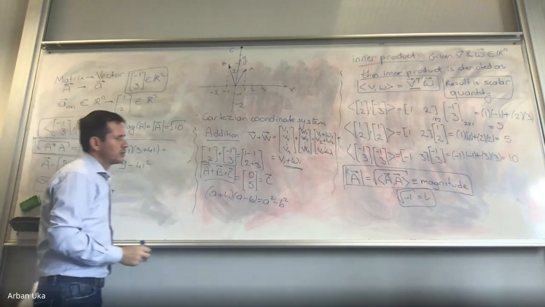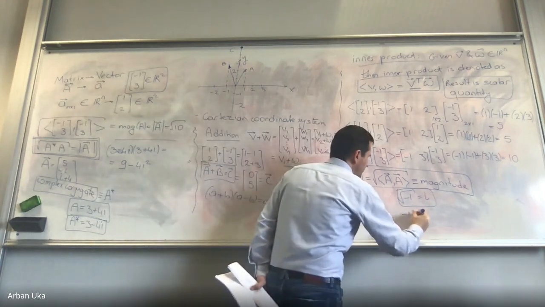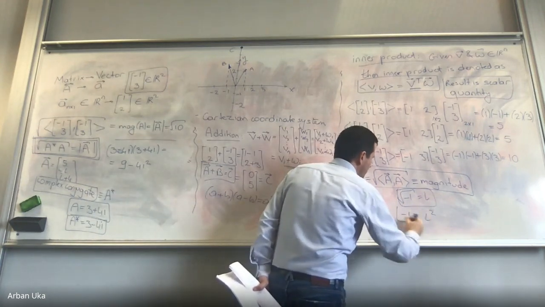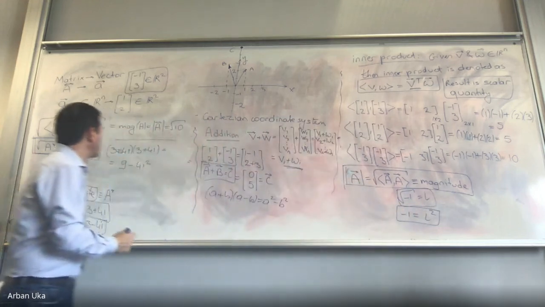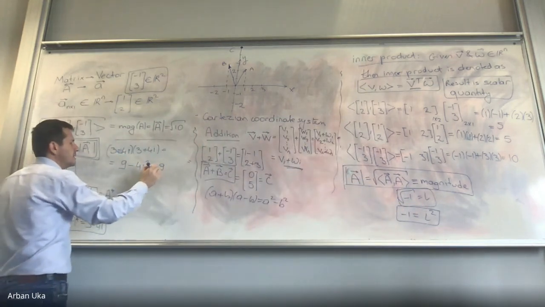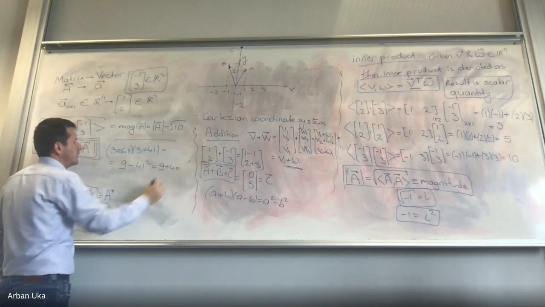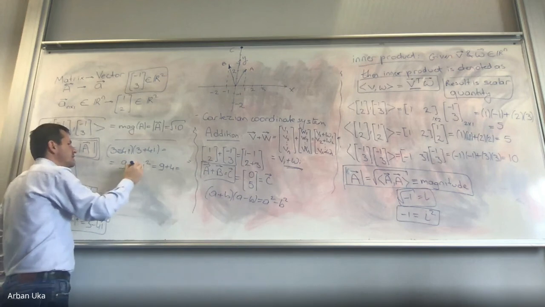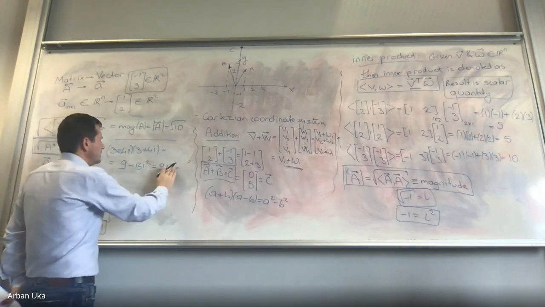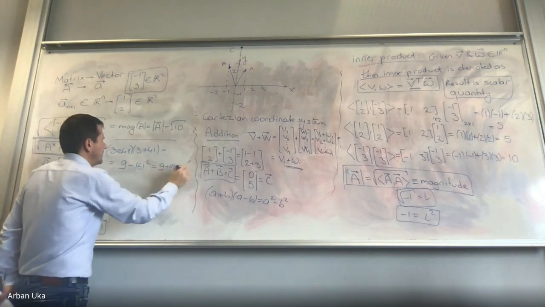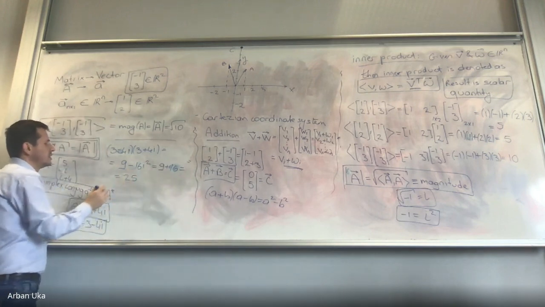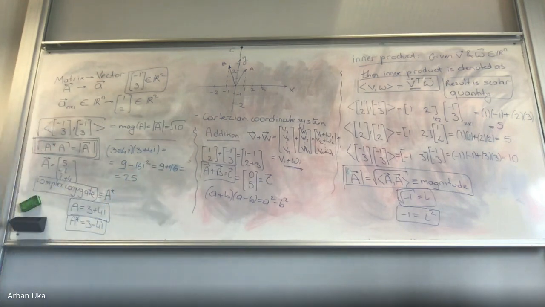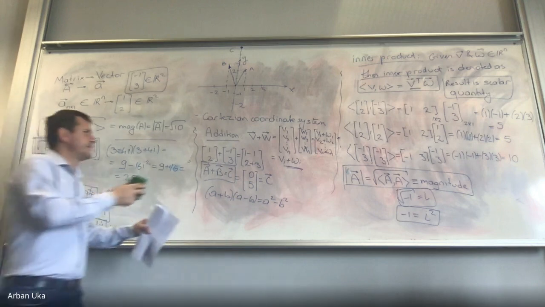But what was i squared? It is minus 1. So this is equal to 9 plus... isn't that 16? Of course it is. That's a mistake. It was 16. This is equal to 25. That is good. So this is the magnitude of some complex number.